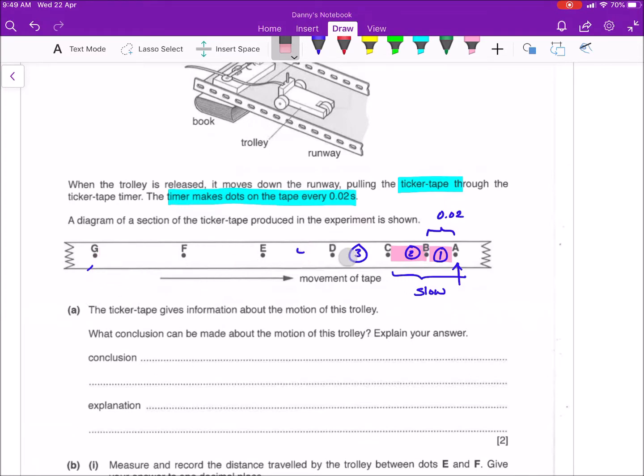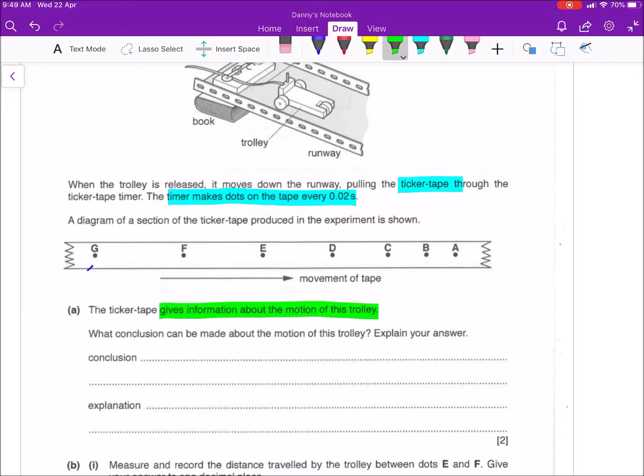So let's answer the question here. From the information given, what conclusion can I make about the motion? Like I said, if you look at the gap, it is getting wider and wider, meaning that within the same amount of time, 0.02 seconds, my trolley must have moved a larger and larger distance.